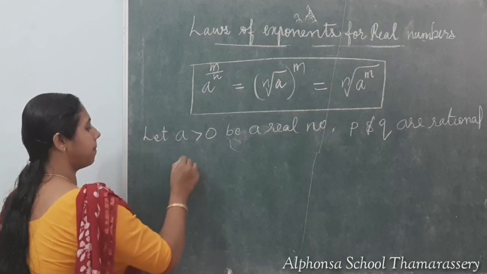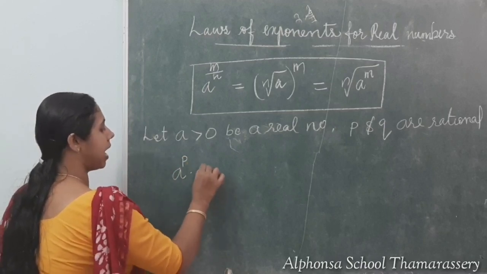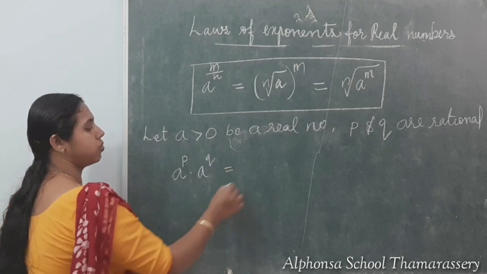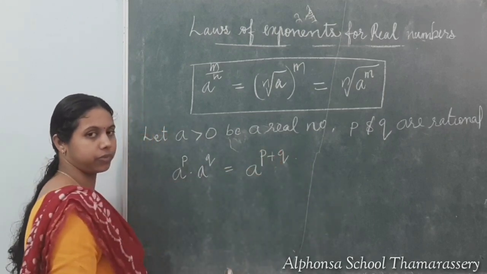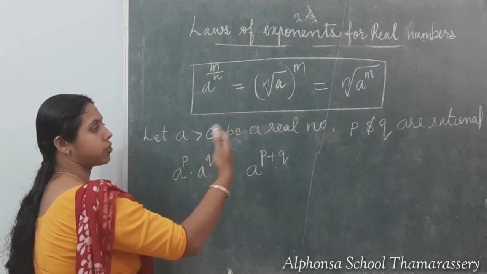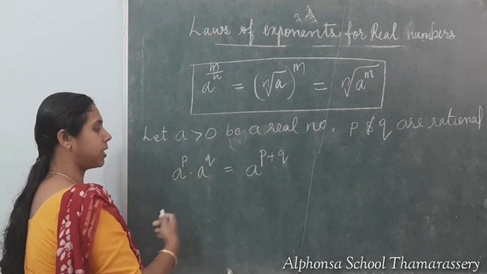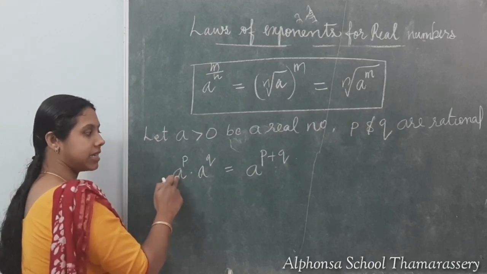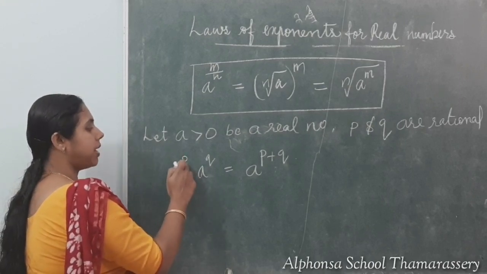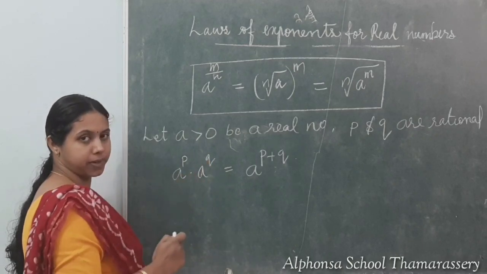A raised to P into A raised to Q is equal to A raised to P plus Q. We extended the exponent to rational numbers, so the laws of exponents will be: let A be a real number, that is A greater than 0, and P and Q are rational numbers.